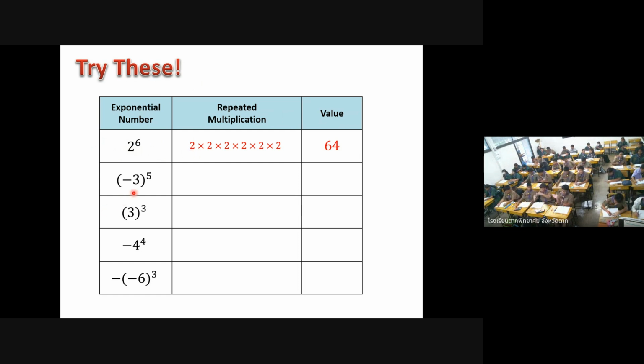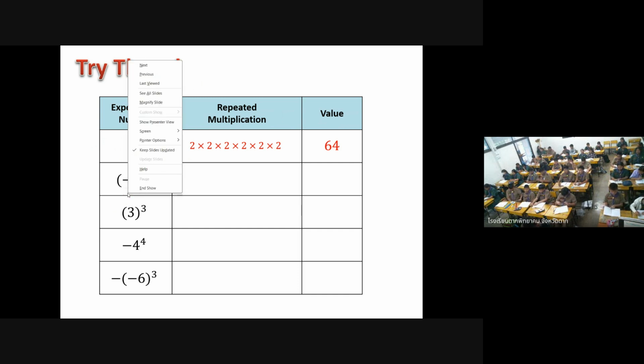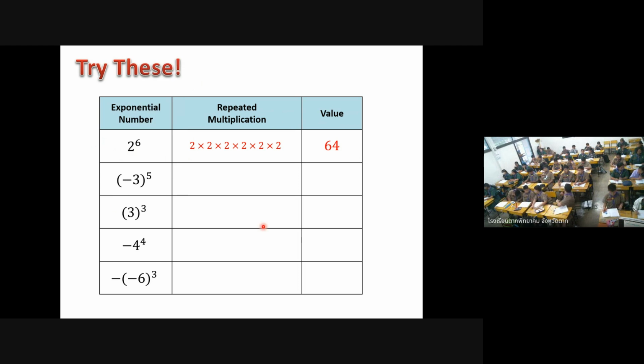Next, we have here negative 3 to the power of 5. What is the base? The base is negative 3, meaning we're going to have negative 3 times negative 3 times negative 3 times negative 3 times negative 3. Okay, let's multiply.